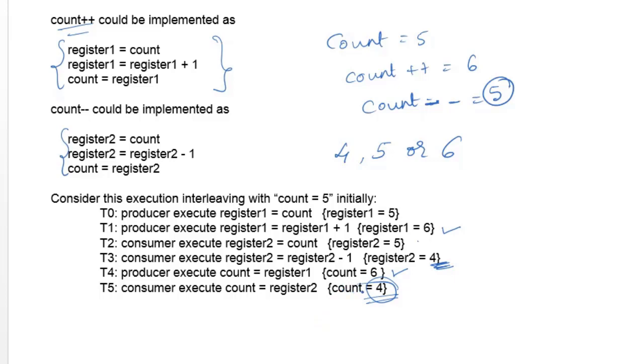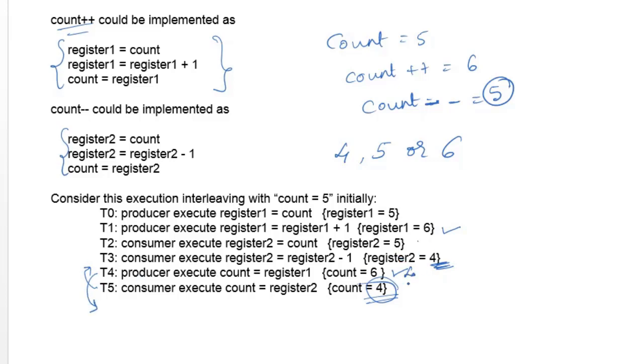By this example, you might have understood how the order of execution of the instructions can change the final outcome. To get a clear idea, you can just interchange or reverse the order of statements T4 and T5. If you execute the consumer first and then the producer, then what happens?